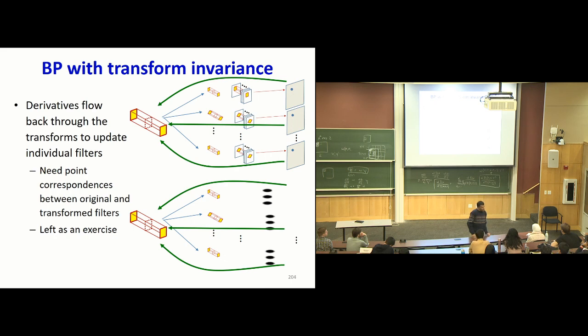So when you're rotating the input and trying to train the network, you effectively end up having to learn filters for every transform. You're not keeping track of the fact that the different patterns you see are transforms of the same basic pattern.